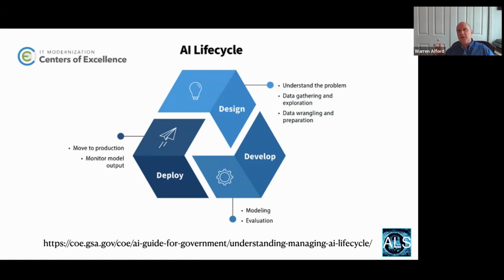This is just an abbreviated part of it, where it begins with the design, understanding what the problem is, gathering the data, exploring the data, and doing what they call data wrangling, which is basically just the process of converting the raw data that you have into a usable form. It's sometimes also called data remediation as well.